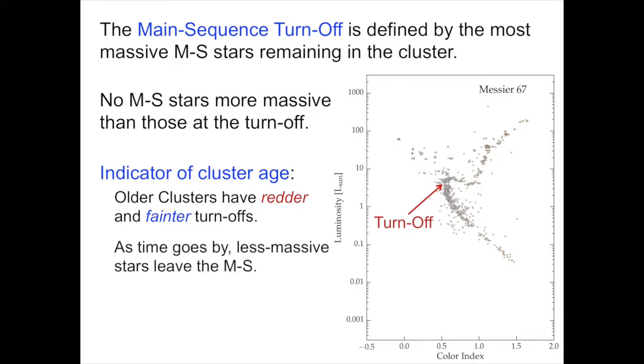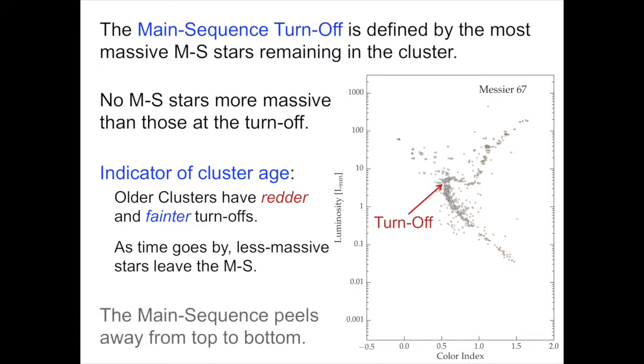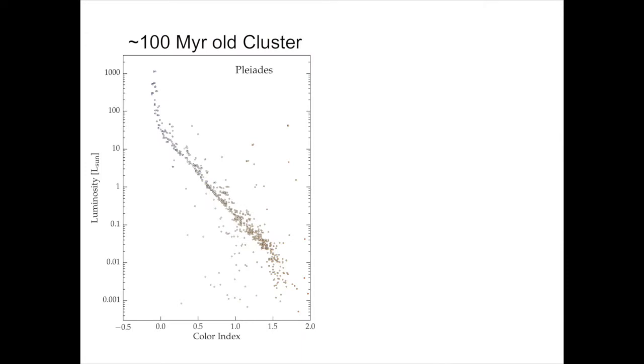As time goes by, as progressively less massive stars leave the main sequence, leaving only the lowest mass stars behind, the cluster is going to become redder and fainter still. The overall effect is to give the appearance of the main sequence being peeled away from top to bottom in the HR diagram.